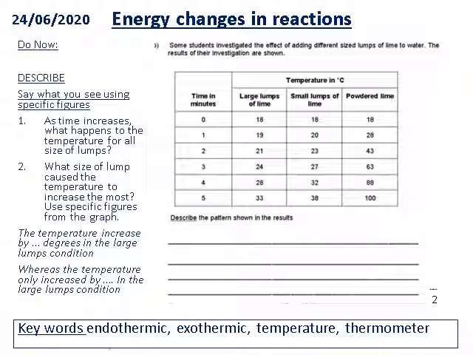For example, if we do large together, the temperature has increased. For example, at 0 minutes, it is 18 degrees Celsius, whereas at 5 minutes, it is 33 degrees Celsius. So use the sentence starters to give me a description of what this data is showing us. I'll give you 3 minutes to do that.